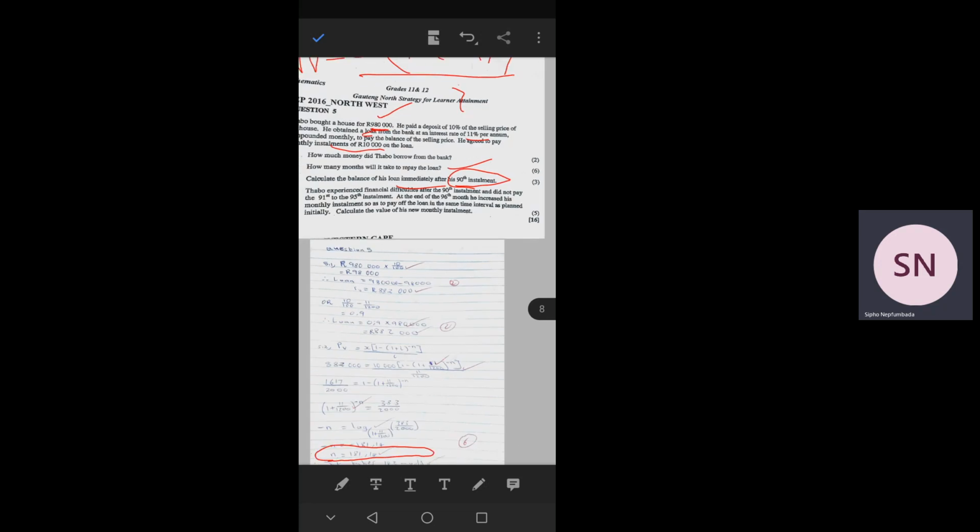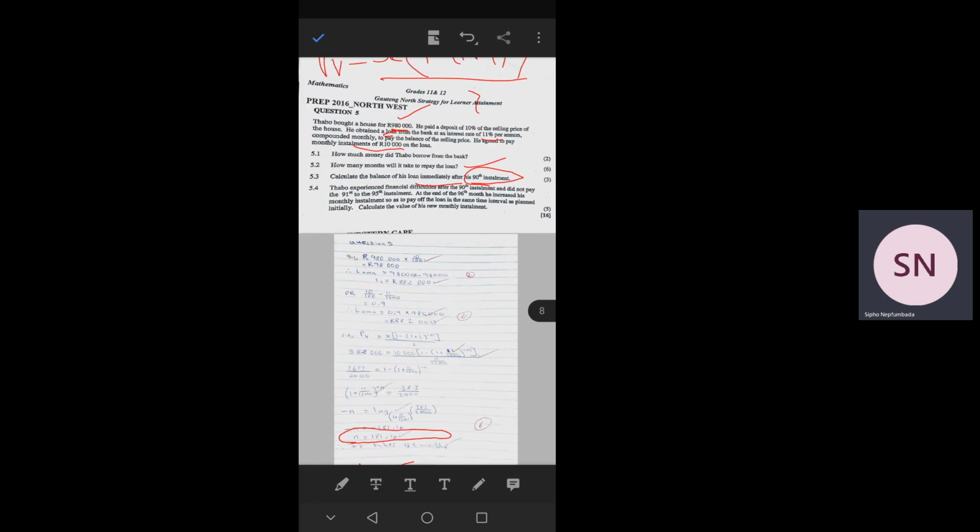Next question. Thabo experienced financial difficulties after the 90th installment and did not pay the 91st to the 95th installment at the end of the 96th month.